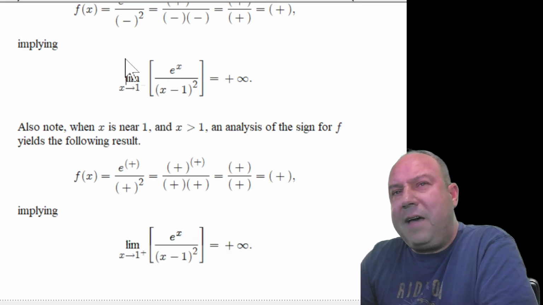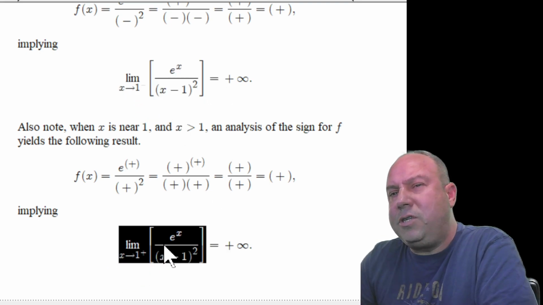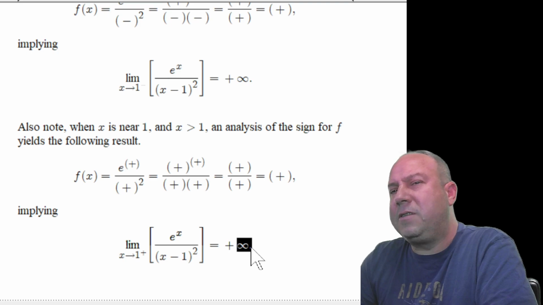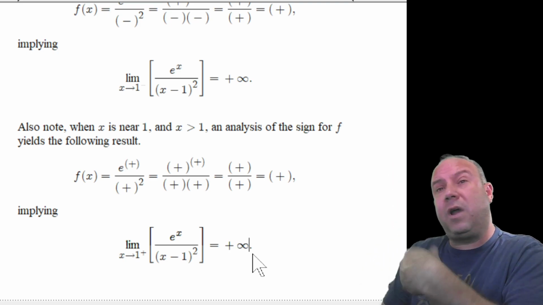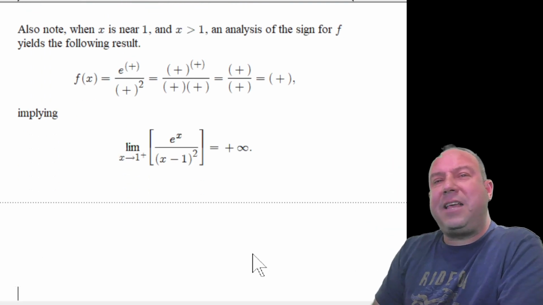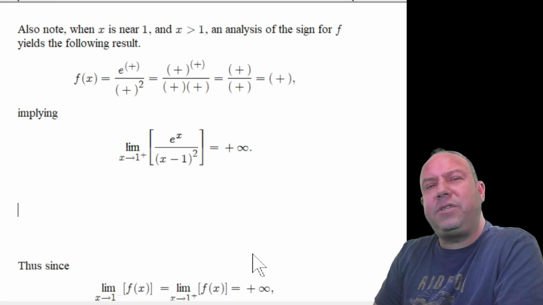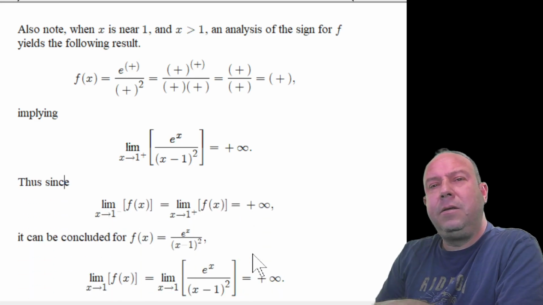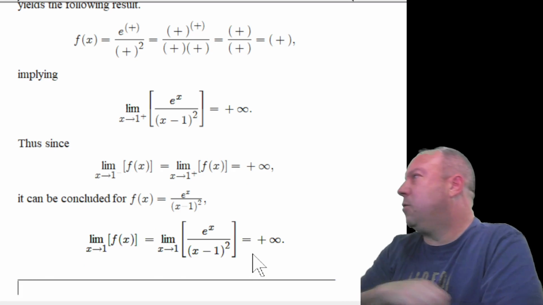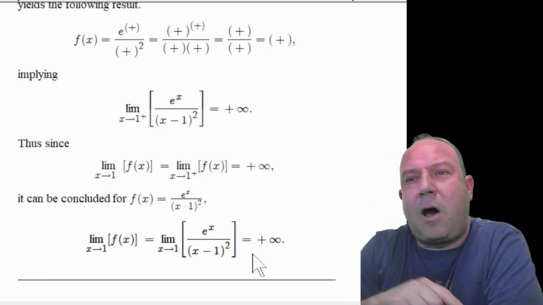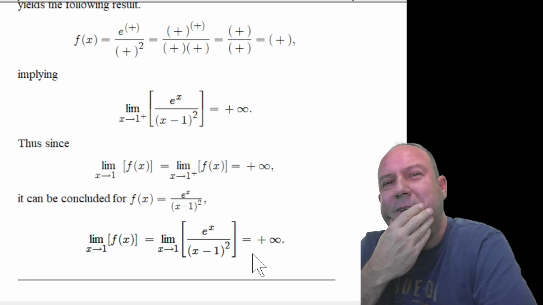And because the left and the right-hand side approaches both give us this result of positive infinity, what we're able to conclude is that the corresponding two-sided limit must also be equal to positive infinity.